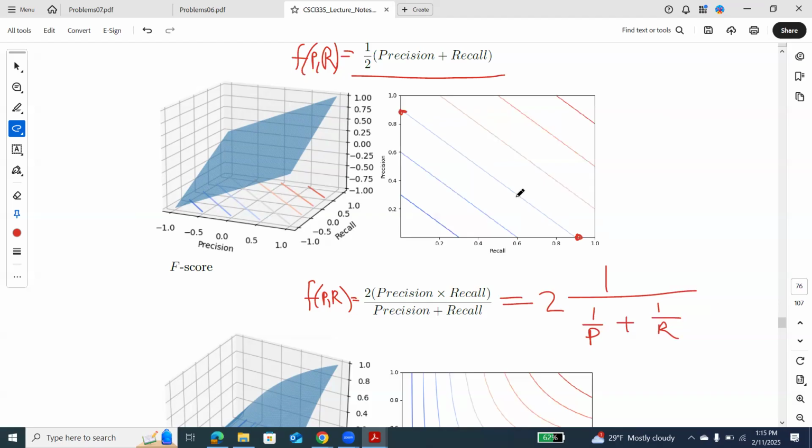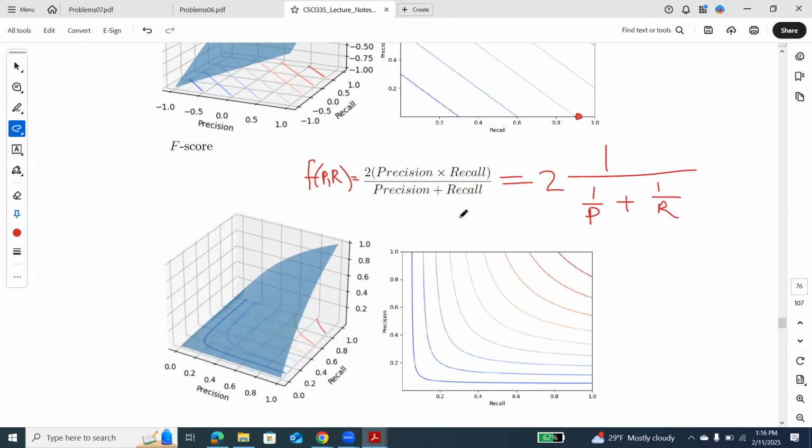So it means that the value 0.9 for this function you can get with either 0 precision or with 0 recall. If you look at the second plot, these lines are the lines of constant value of your function.